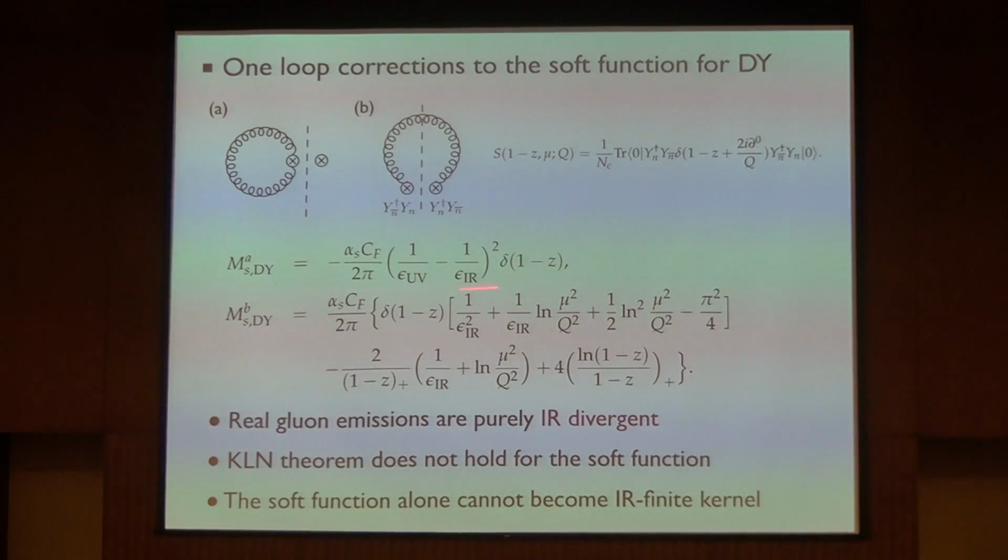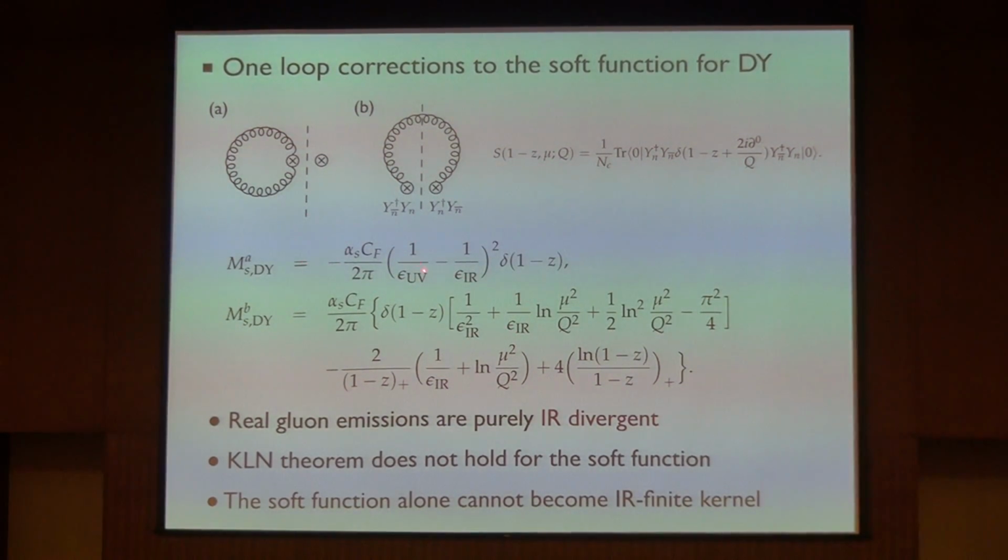So I show the computation of the soft function here. Diagram A represents the virtual diagram, and diagram B represents the real gluon radiation. Here I just regularized all the UV and IR divergences using dimensional regularization, right?